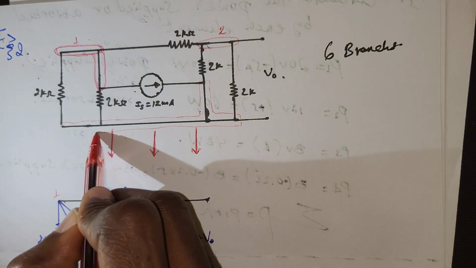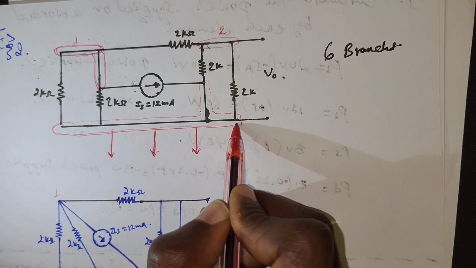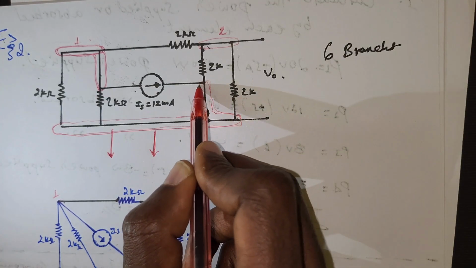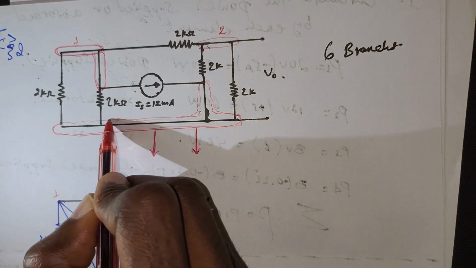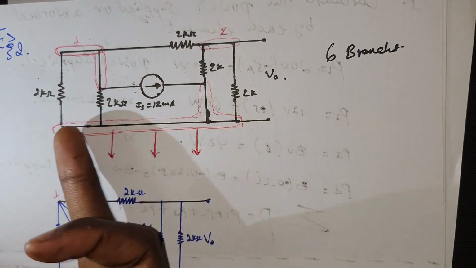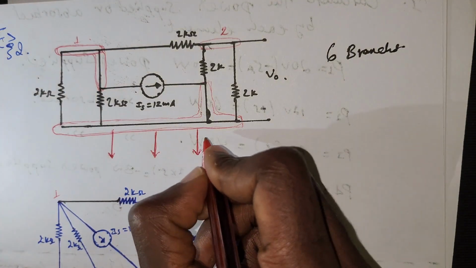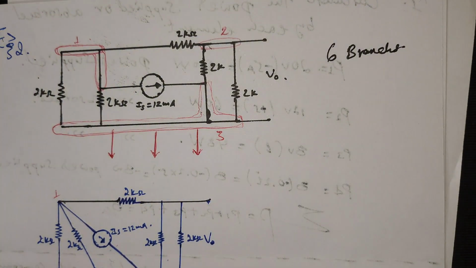We can unite them into a single node, because there is no component or branch, just a connecting wire. So this is the third node.